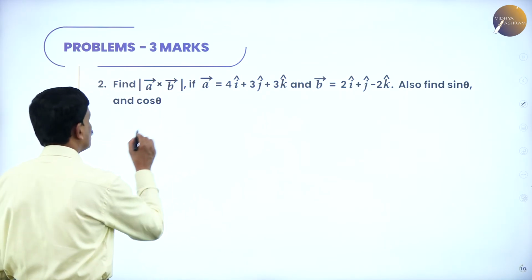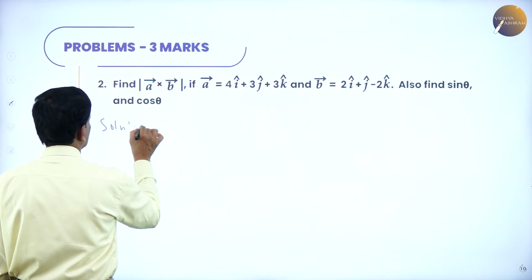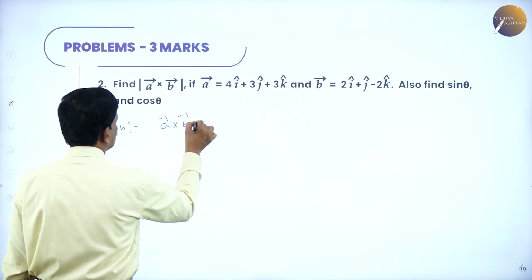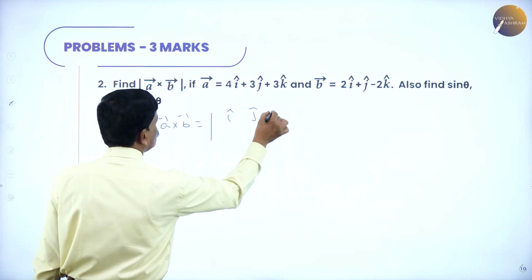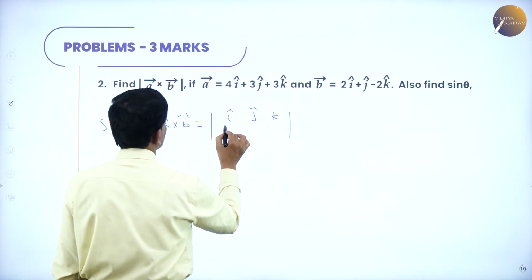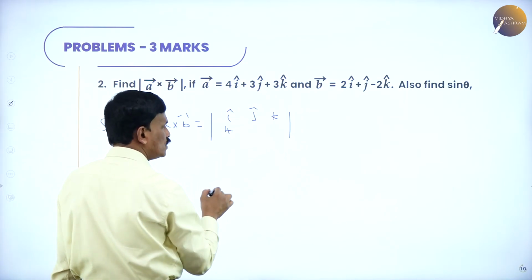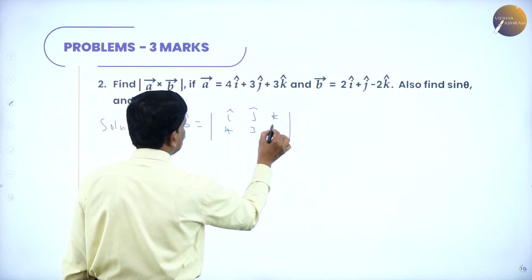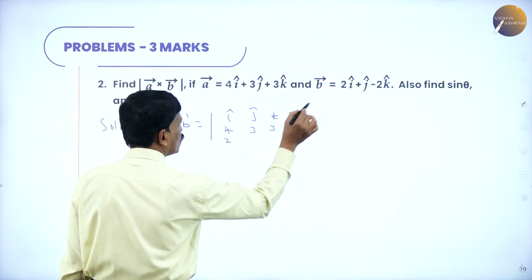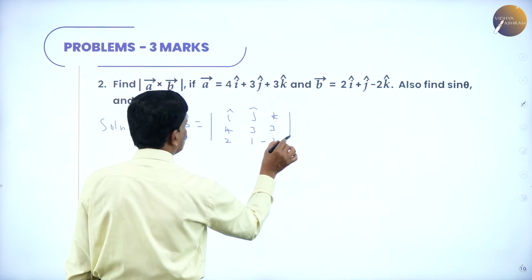Now let us come to the first, a cross b. Now a cross b can be written as determinant i, j, k. The coefficients of i, j, k in the vector a are 4, 3 and 3. For the second vector, the coefficients are 2, 1 and minus 2.